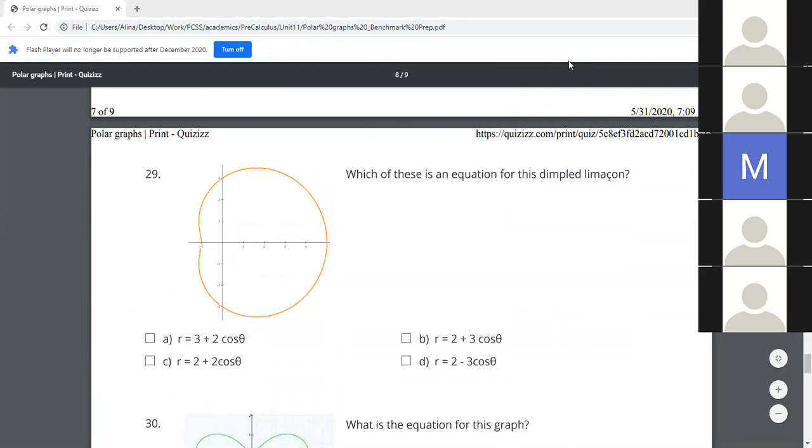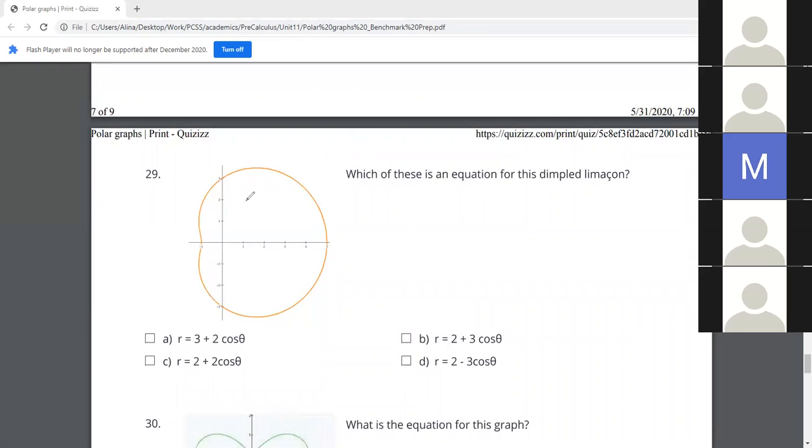29 is a dimpled limaçon. I don't know if you can see it clearly. This is 5. This is -1. Let me construct it: r equals B, and clearly this is plus A cosine theta.